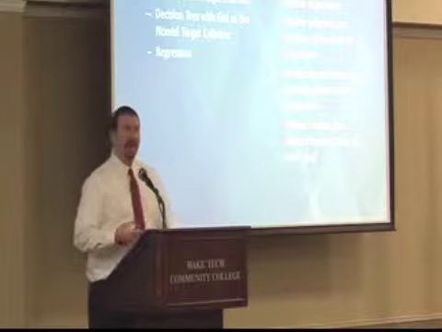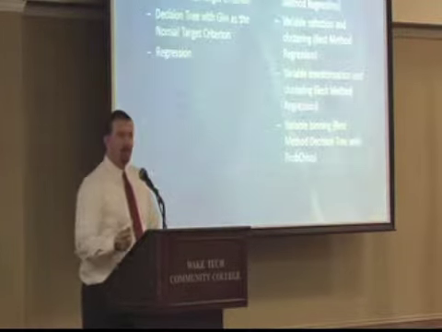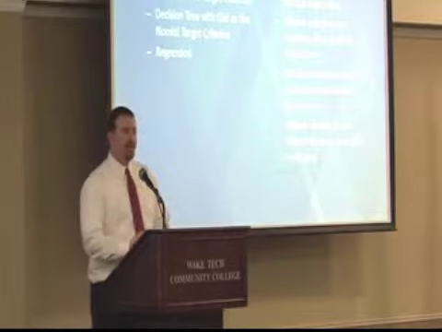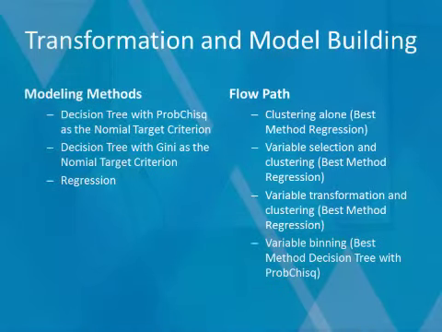With that being said, I know that the last slide, the diagram, was very hard to read. So my summary is I basically used 3 different modeling methods: decision tree with the chi-square probability as a nominal target, decision tree with the Gini statistic as a nominal target, and regression analysis.